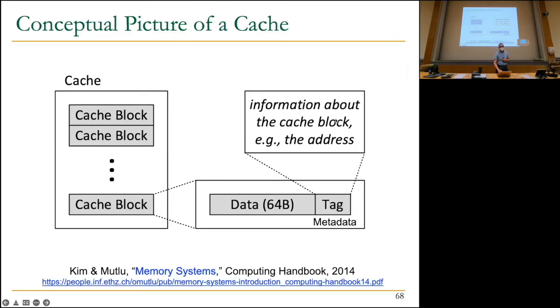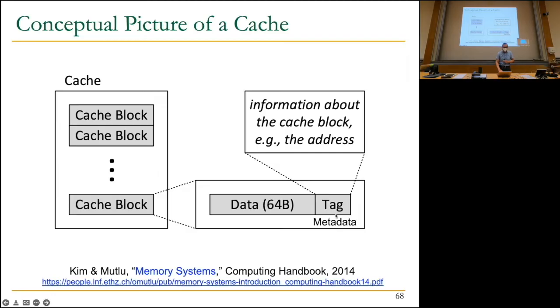Metadata specifies information about the block, for example, the address of the block or part of the address of the block. There should be other metadata that specifies whether the block is valid, meaning whether the data that you have in this particular place is actually something that you should trust. Because when you initialize the cache, there's nothing in there, right? Everything is invalid. So you should distinguish between valid and invalid.